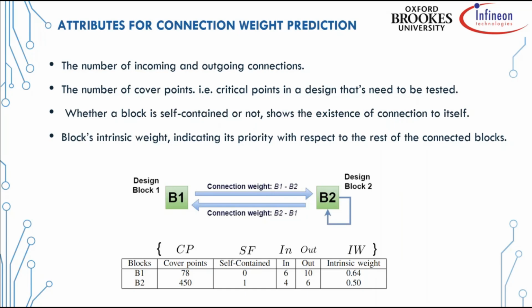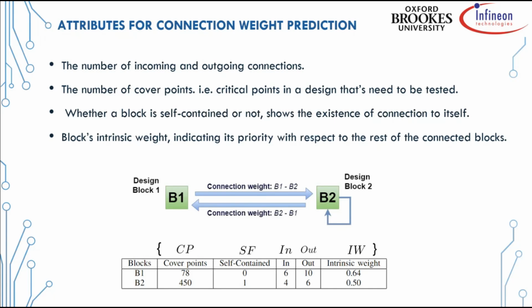And we'll be listing that as well. And finally, a binary value of whether a particular block is self-connected or not, which means a particular block has a connection to itself, basically using its output as the input for the next cycle. And the block instinct weight indicates the priority related to the other connected blocks.